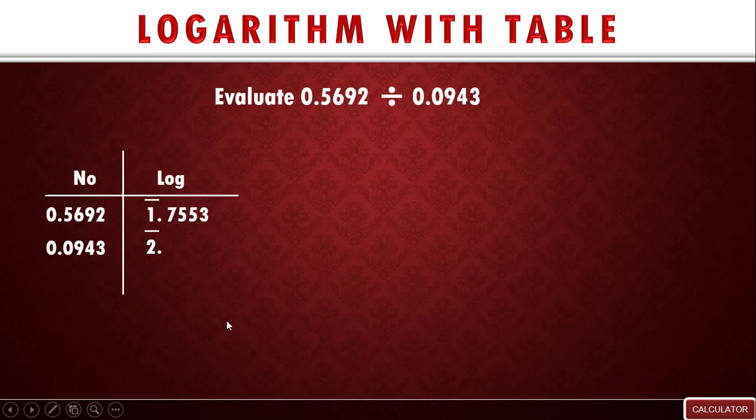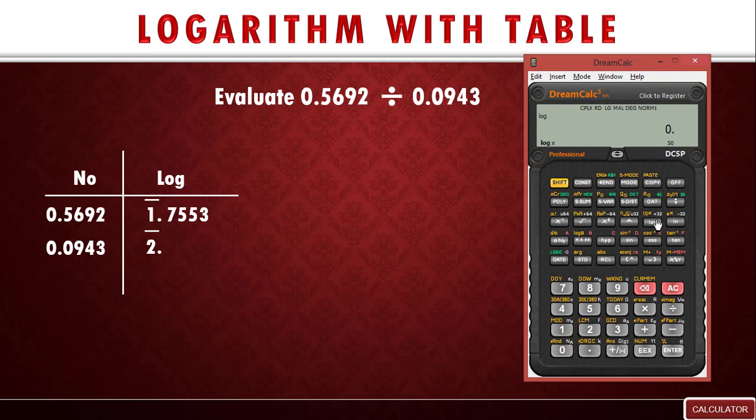Okay, since our characteristic is bar 2, the next thing is for us to check our logarithm. If you're using your figure table, check 94 under 3. But if you are using your calculator like me here, all you need to do is a workaround. So find your calculator and then press log 943 and press equals or enter.